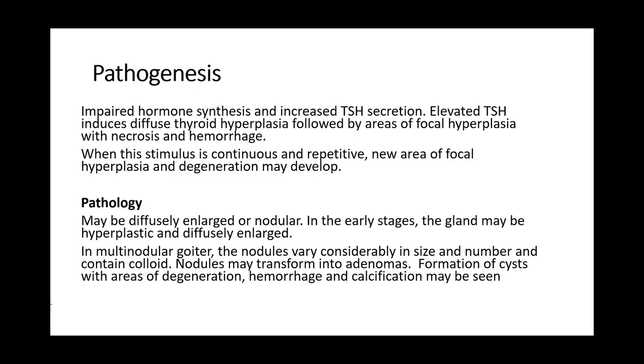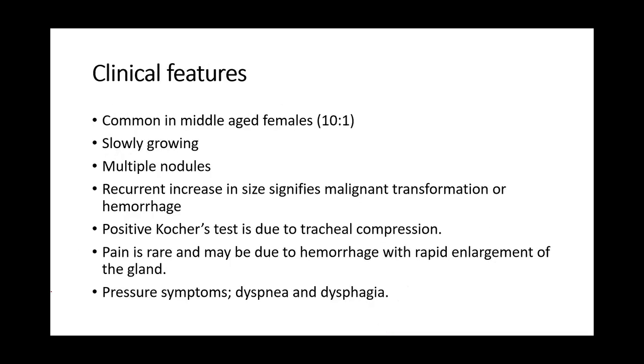Formation of cysts with areas of degeneration, hemorrhage, and calcification may be seen. This type of calcification is dystrophic calcification. So long-standing goiters usually present with dystrophic calcification, which appears coarse on X-rays.